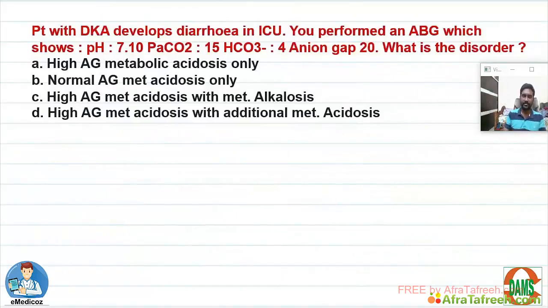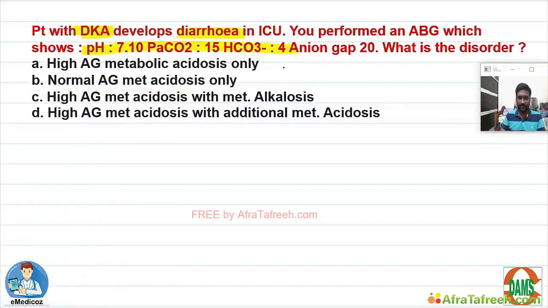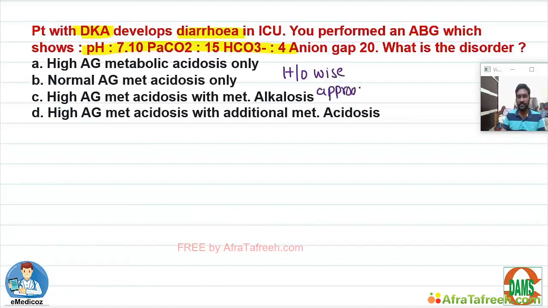Let us see another question. Patient with DKA develops diarrhea in ICU. You performed ABG. These were the parameters. What is the disorder? Whenever they give you any question of ABG, first is history-based approach. So in the given question, patient is having DKA. So DKA will cause high anion gap metabolic acidosis.